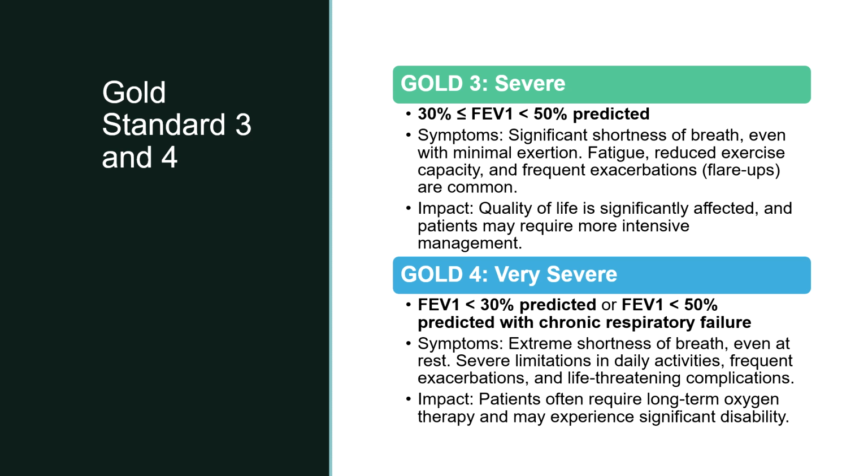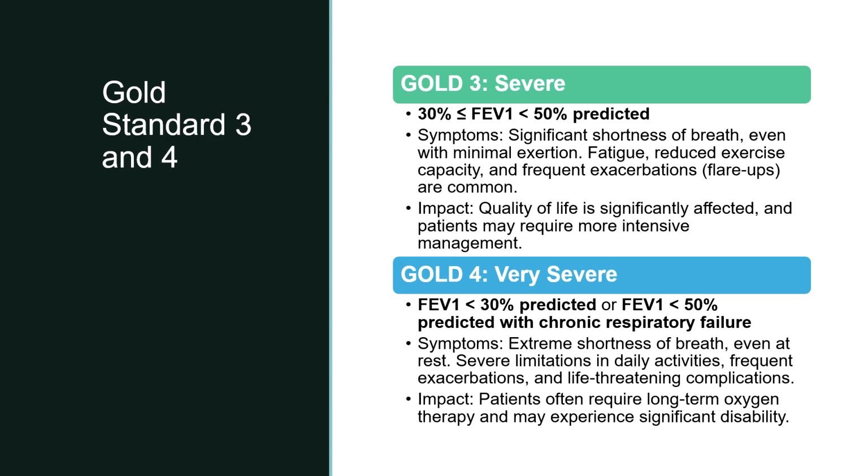And finally, we get into GOLD 4, and this is very severe. That means that your FEV1 is less than 30% of predicted, or less than 50% with chronic respiratory failure. You have severe symptoms. You're extremely short of breath. You can't walk from your couch to the refrigerator without getting short of breath. You have great limitations in your quality of life.